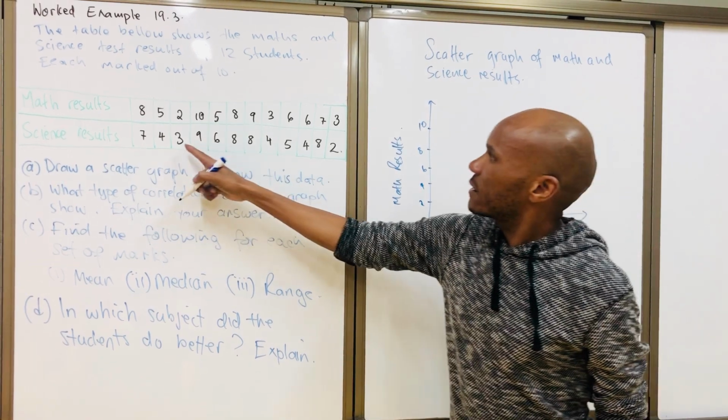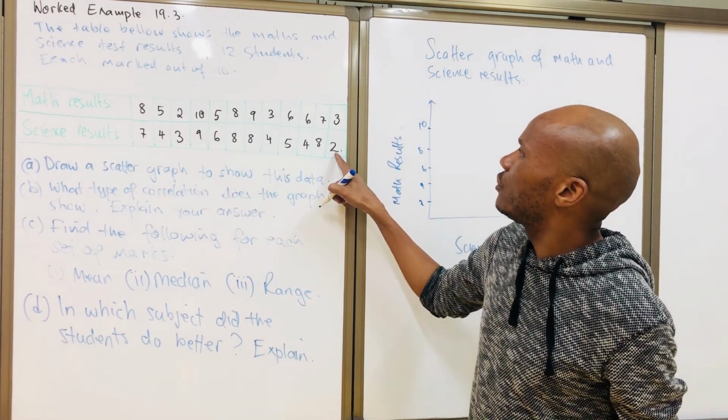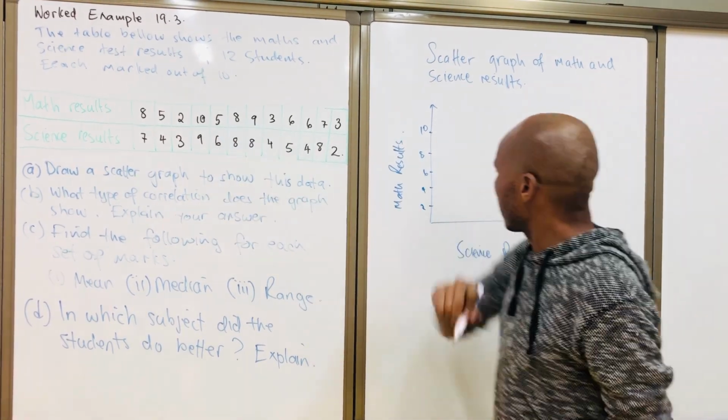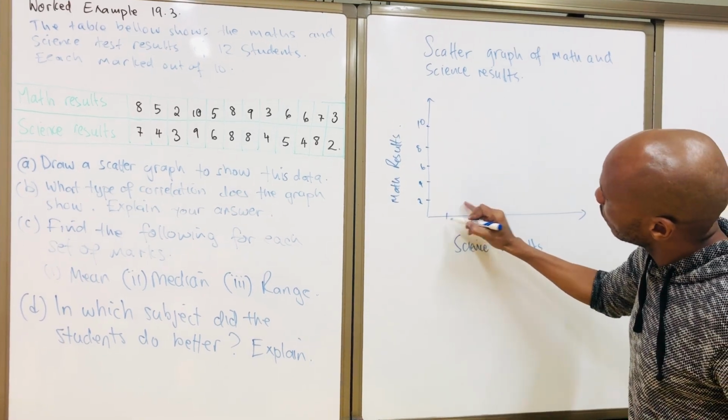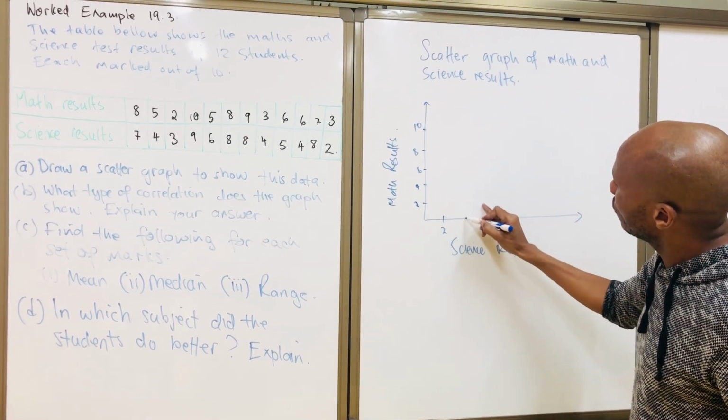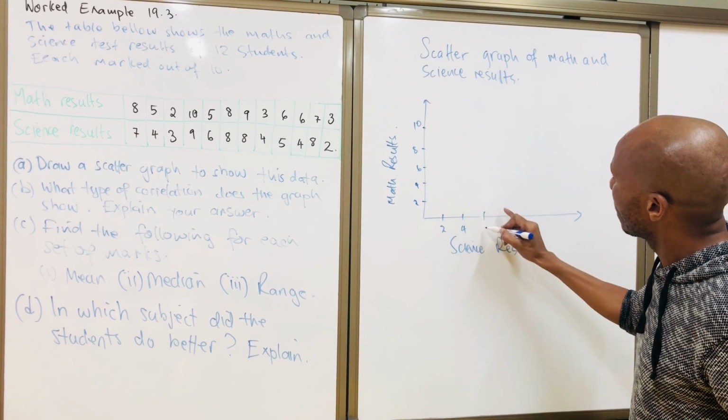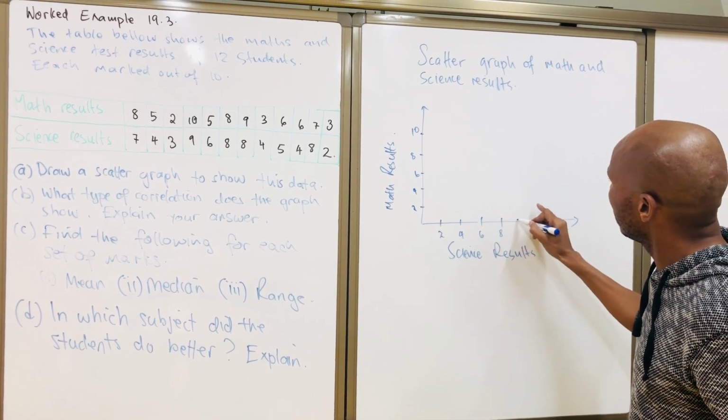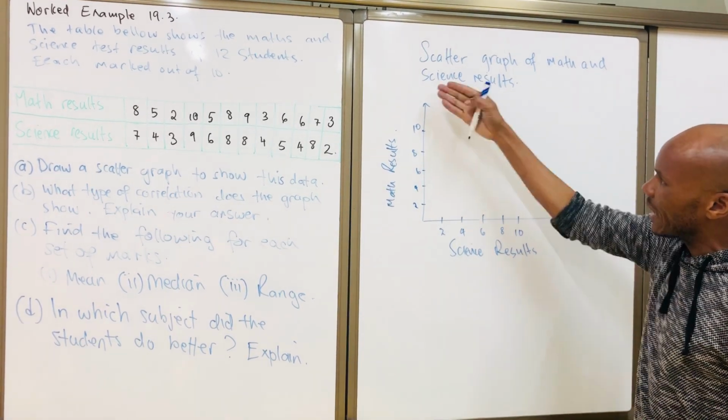And then this side, the lowest we have is 2, the highest we have, I think it's 9, so it will work as well. 2, 4, 6, 8, 10. So that's my scale.